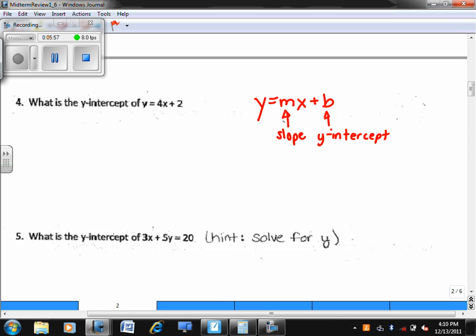So we want to know what b is. Well, we're lucky. This one already follows the format y equals mx plus b. So we just have to identify b. B equals 2. That's our y-intercept.